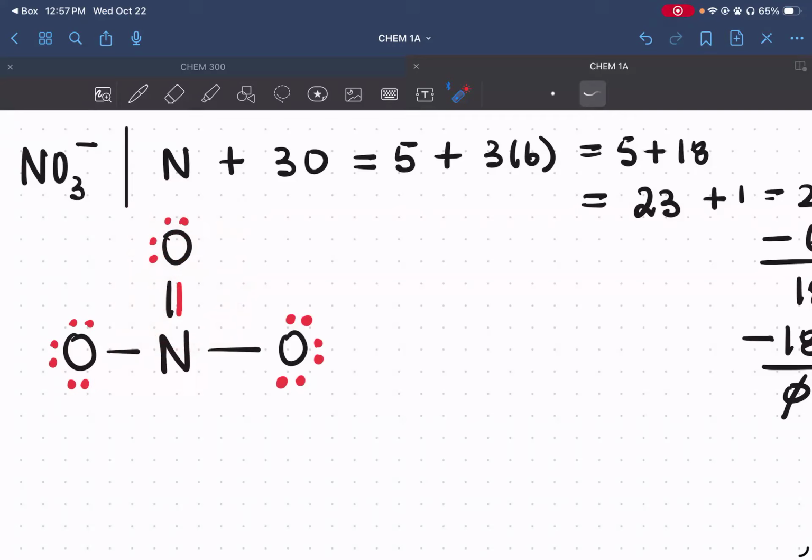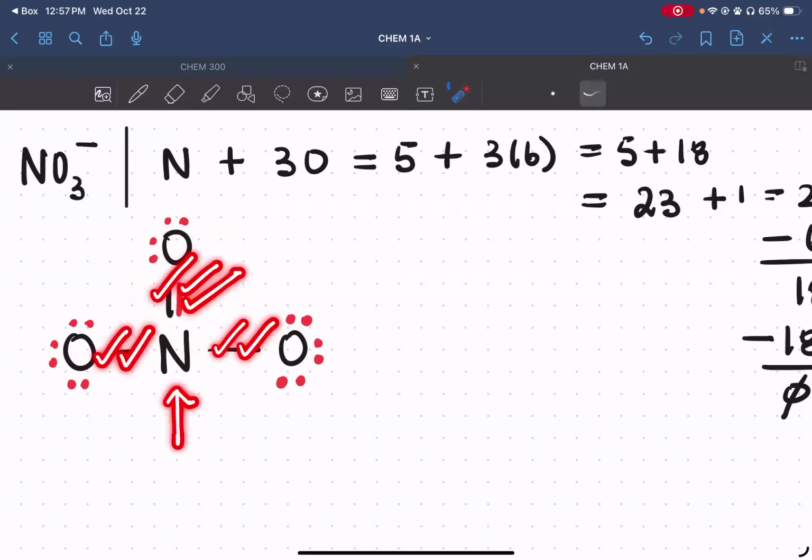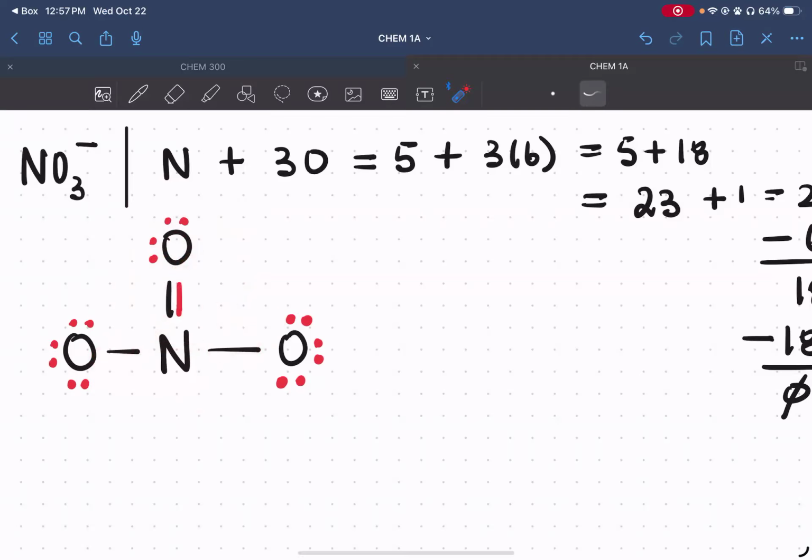We've just converted how the lone pair looks. Now, this nitrogen has access to 1, 2, 3, 4, 5, 6, 7, 8. The nitrogen, as well as all other atoms, are now happy.